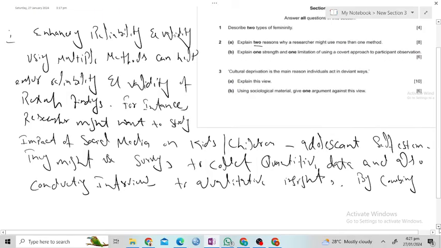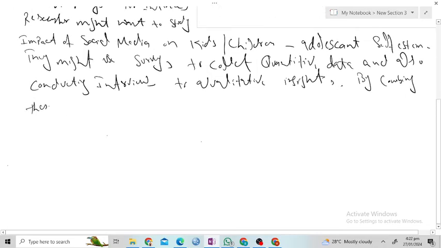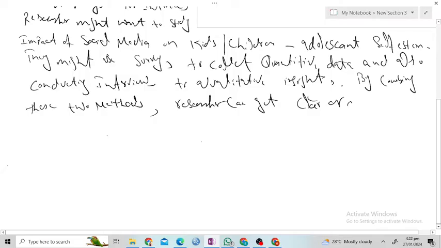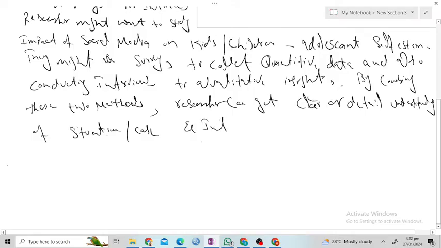By combining these two methods, the researcher can get a comprehensive, clear or detailed, whatever word you can use, detailed understanding of the situation, or you can use the word case, and increase trustworthiness.